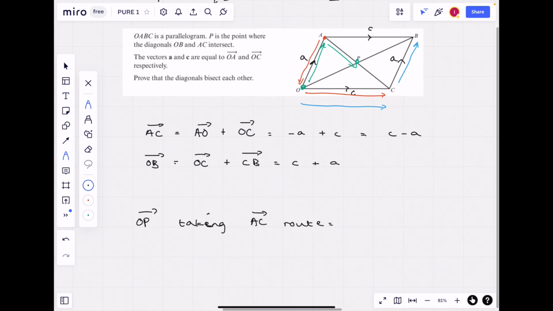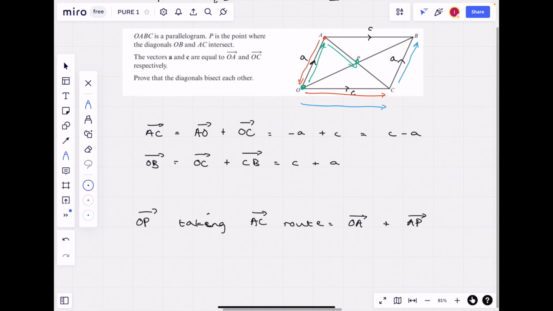Okay? So if you have a look at the green lines I've drawn, we're going from O to A and then A to P. O to A plus A to P. A to P lies on A to C, but it's a fraction of the way there.